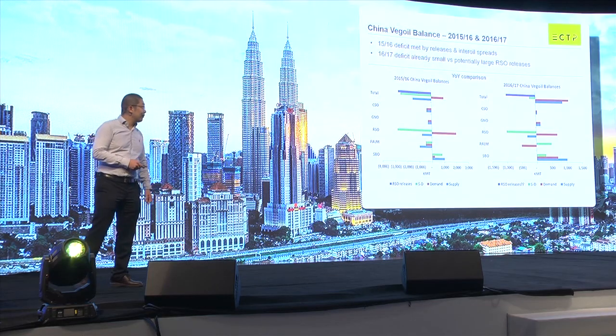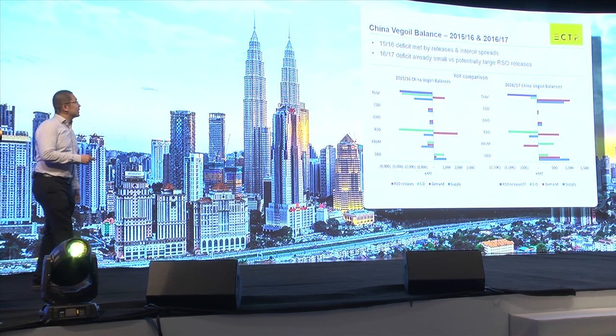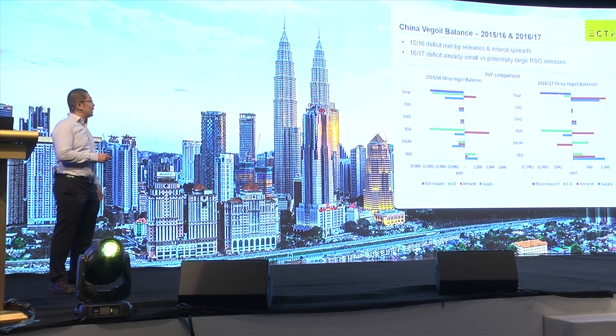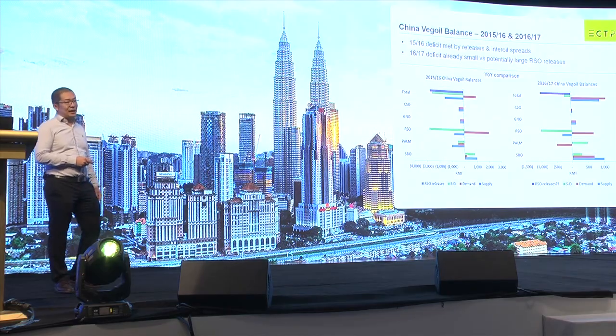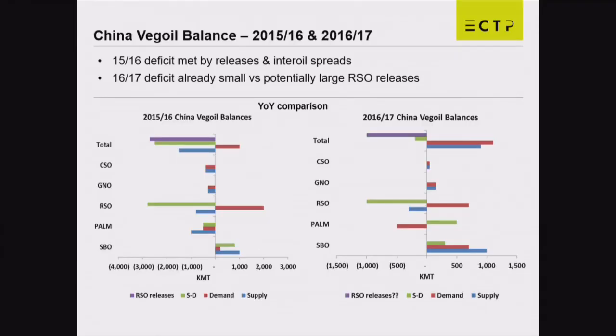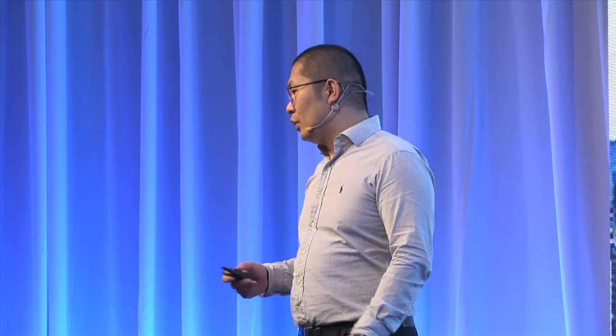And for next year, we are projecting a small deficit, 500,000 tons. However, this purple bar is 1 million tons of release that we think minimally is going to happen. So at the end of the day, this creates pretty decent surpluses for 16, 17. However, I wouldn't call it a real surplus because of the behavior of the Chinese rapeseed oil players in China.